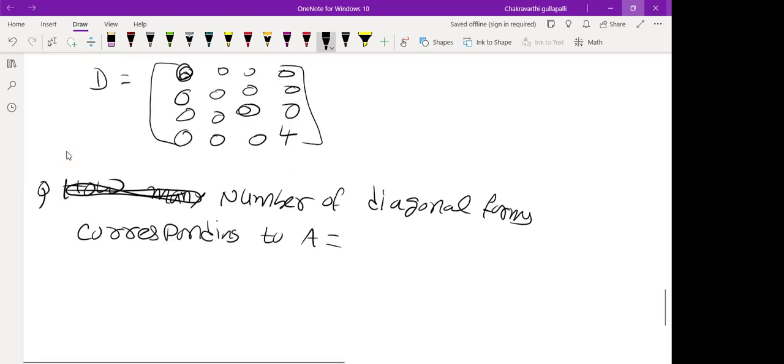What is A? All ones. Same as the above question. You know it is diagonalizable, but how many diagonal forms exist?